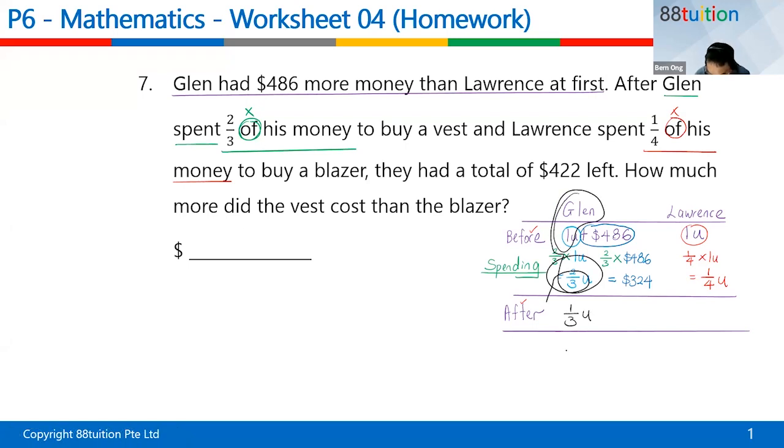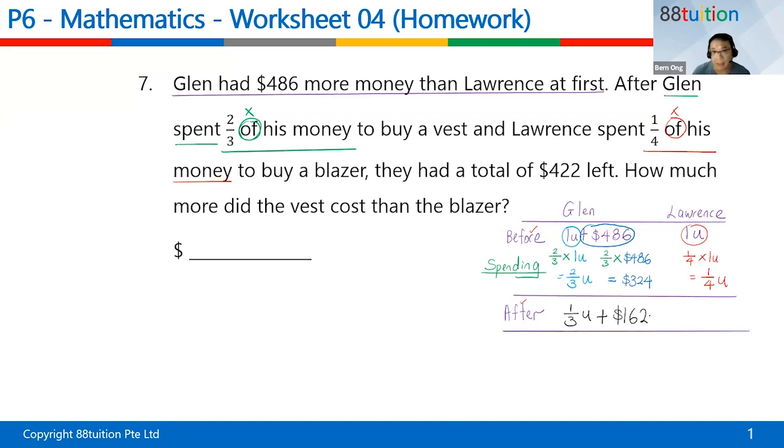He spent 2/3 unit. He's left with 1/3 unit. Next, Glenn actually got 486 down here. He spent 324. What is left? You take 486 minus 324. That will give you 162, so 162 down here.